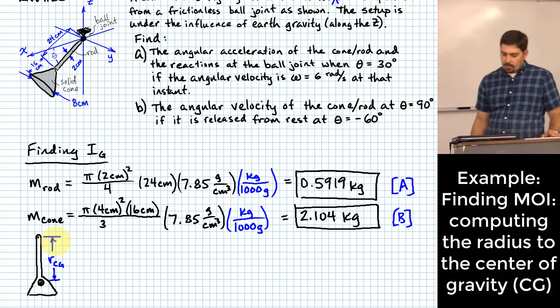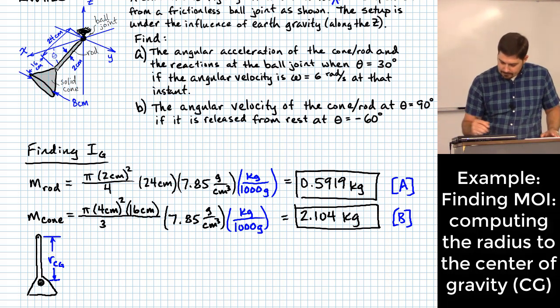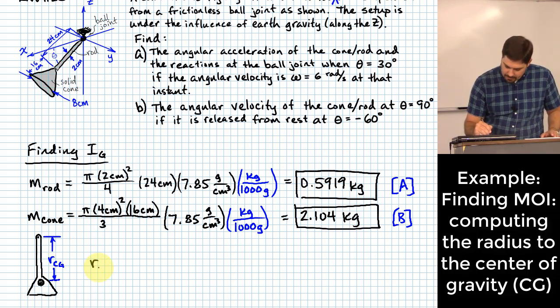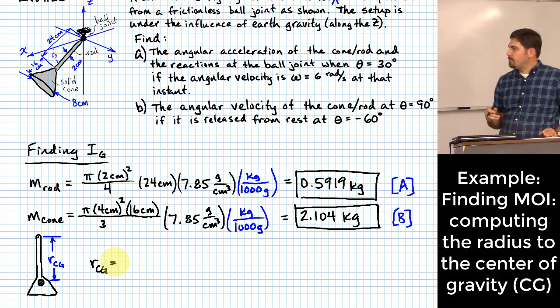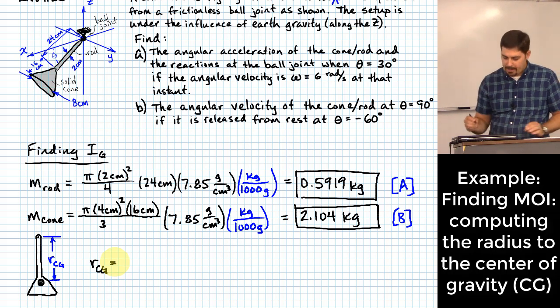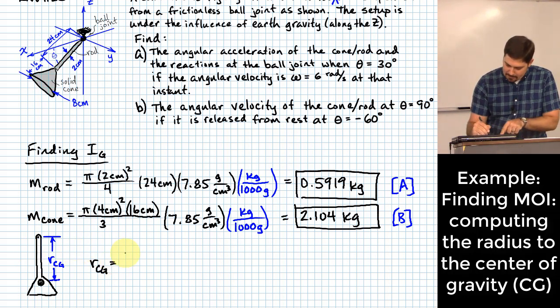How do I figure out what R sub CG is? Well, here's how it goes. R sub CG, you take the sum of the products of each of the masses of the pieces, right? This is just like you would have done back in statics. You take the radius for part number 1.